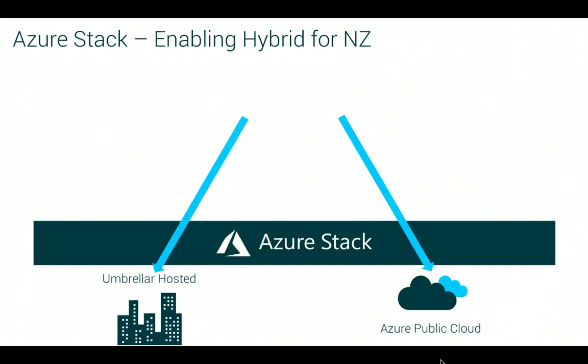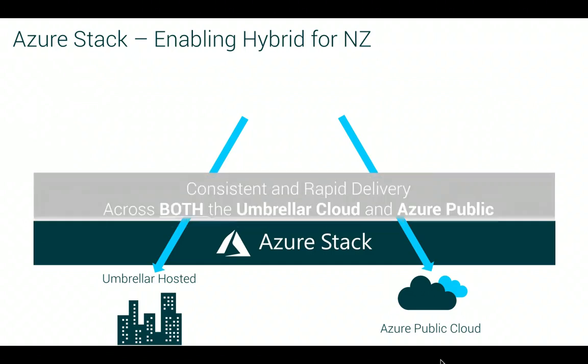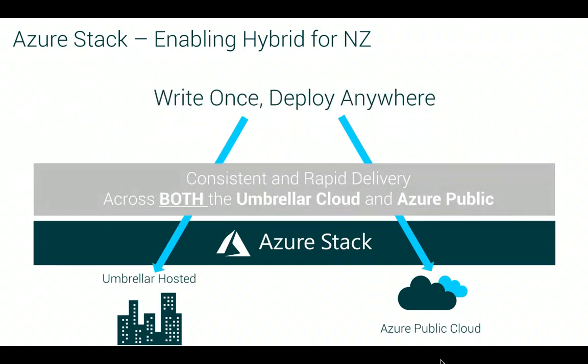Now, from a deployment perspective, Azure Stack is a write once and deploy anywhere approach, which means from a consistency perspective, there is not necessarily any difference between how you would construct an application in country, in New Zealand, through the Umbrella Cloud powered by Azure Stack, or deploying it in any one of the many locations of the Azure Public Cloud, of which there are over 30 right now, with the closest one to New Zealand being Australia East.